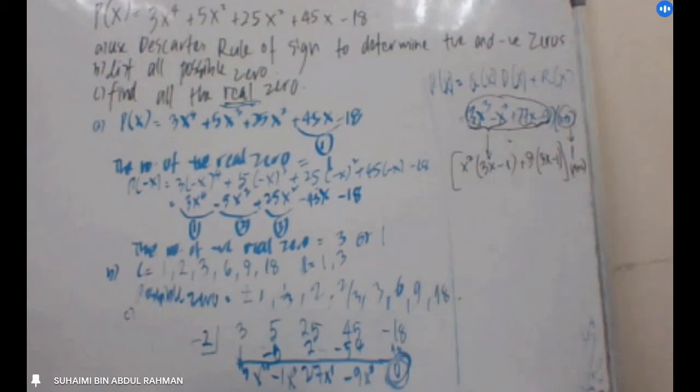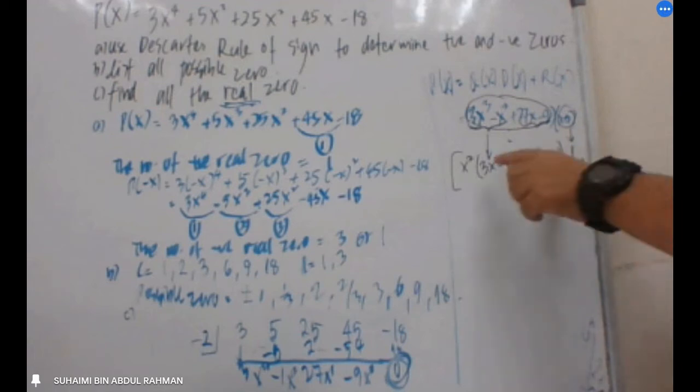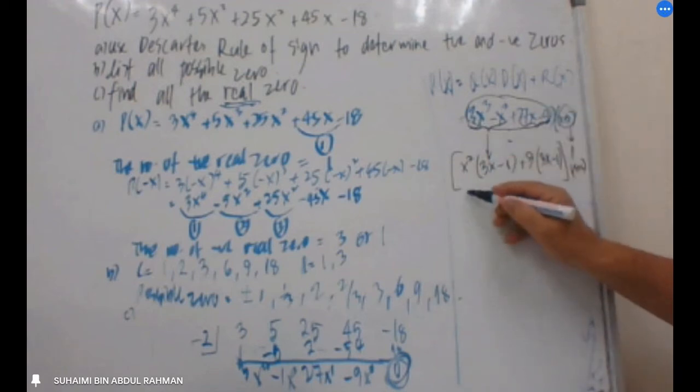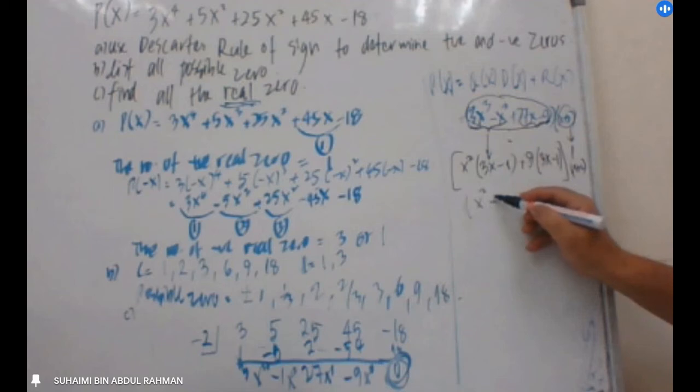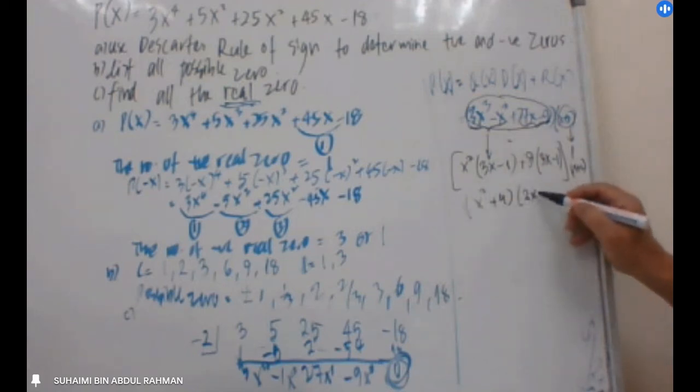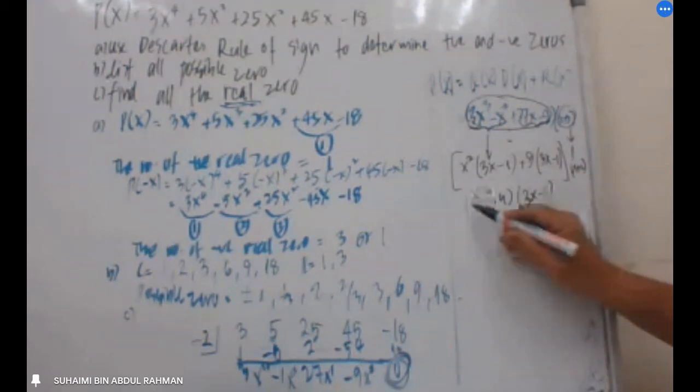Remain. We don't do anything for this part because this part is already x plus 2. You don't want to reduce any longer because it's already reducible only. No need to reduce any longer. This part, factorization, make x squared plus 9 and 3x minus 1.